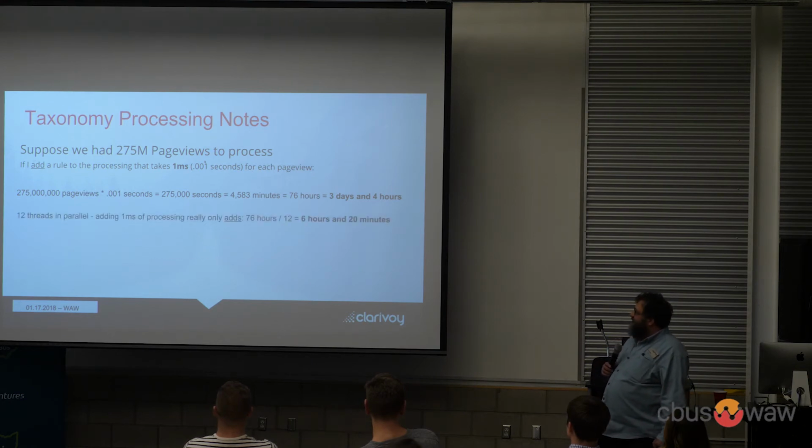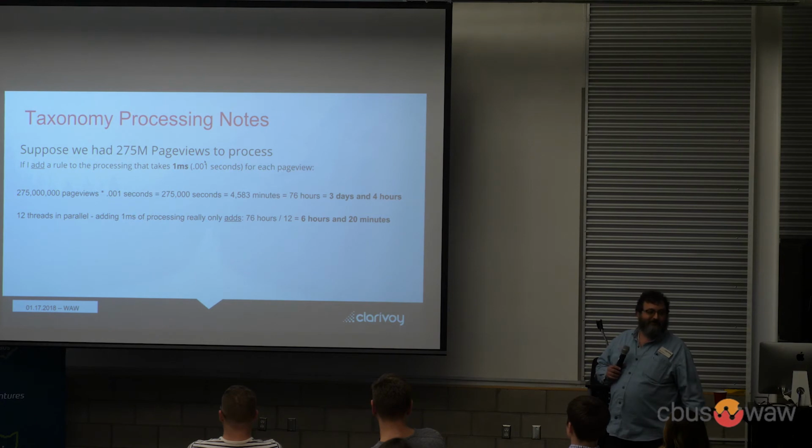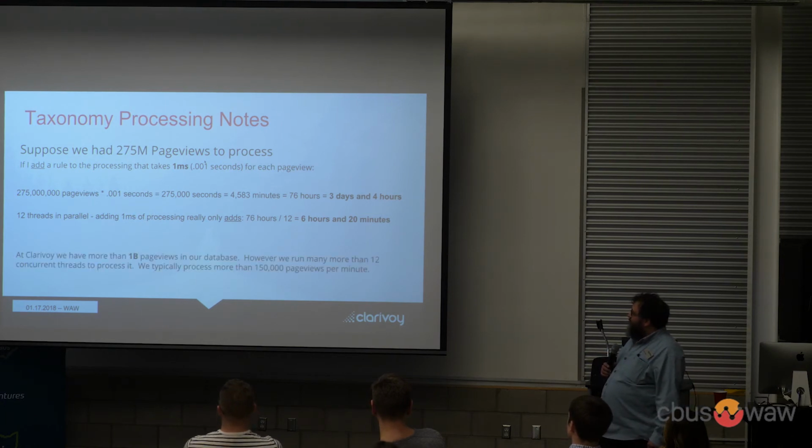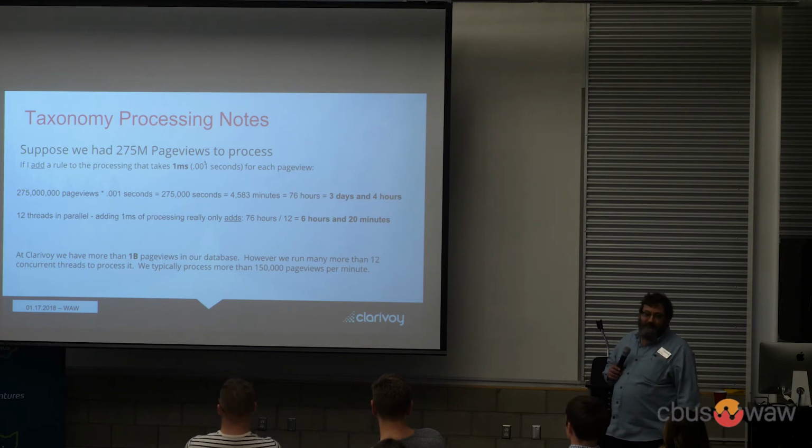So to solve this, we break it up, and each page view is analyzed for its taxonomy independently and run in parallel. And so if we did 12 threads, adding a millisecond only adds 6 hours and 20 minutes to our results for that month. But actually at Clarivoy we do many more than that, and we often will process as many as 1 billion page views in one job.